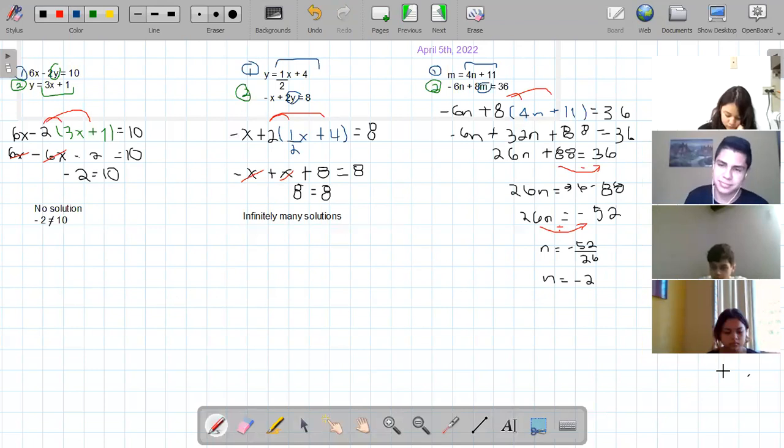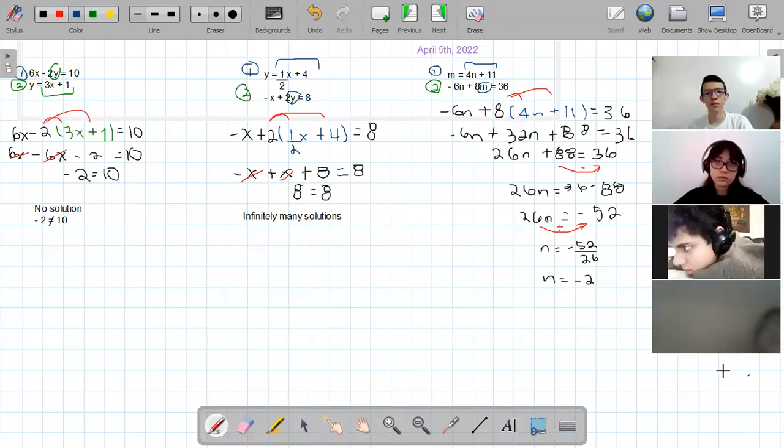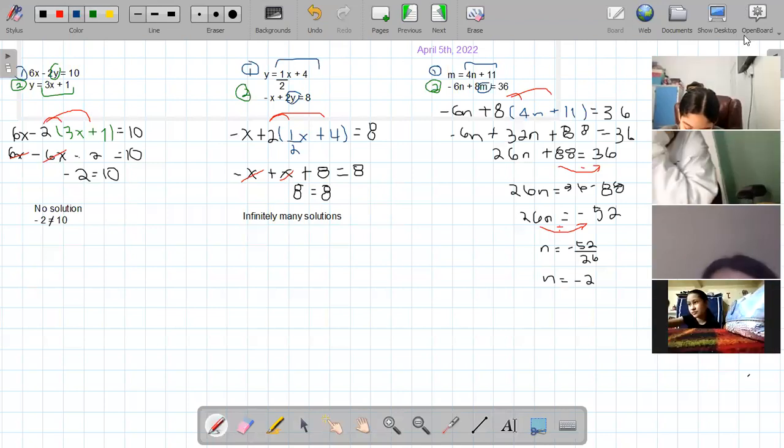How am I going to find the value of m? Mauricio? How am I going to find the value? Using the first equation, but substituting n to negative 2.